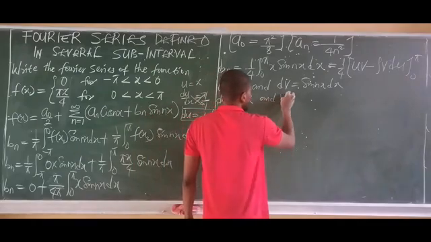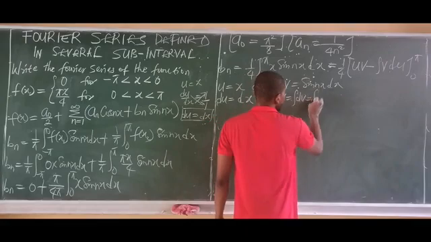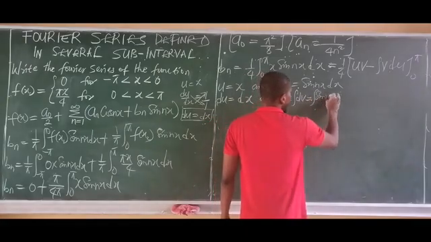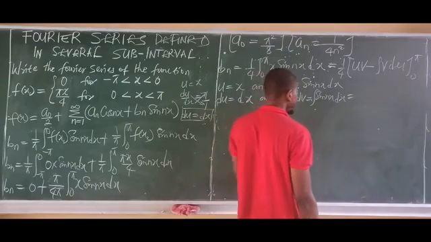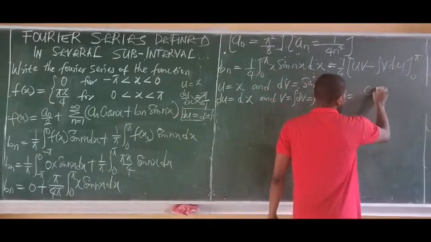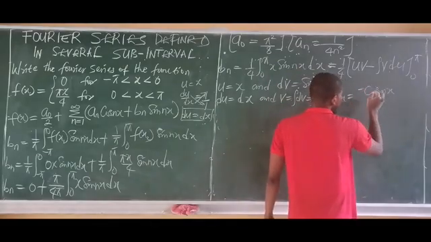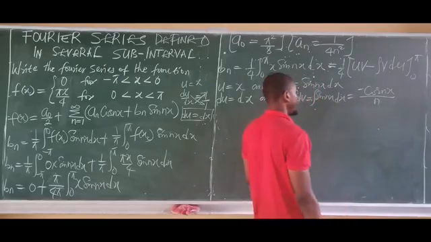And v is simply by integrating the v, which is integrating sine nx dx. I've already done this earlier. Integrate sine, we have minus cos nx all over n.